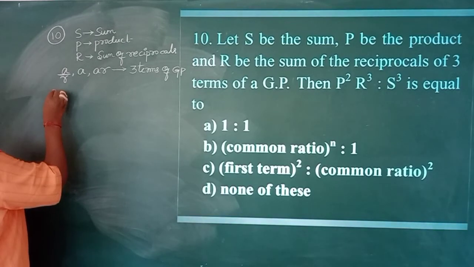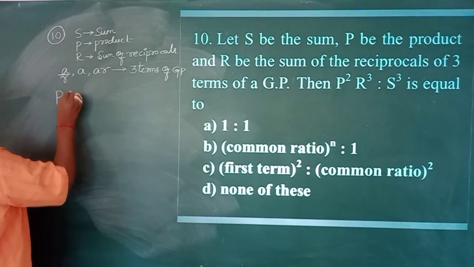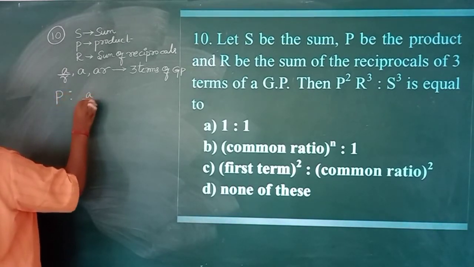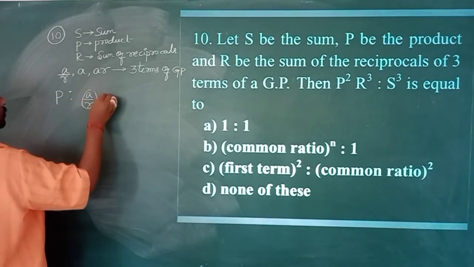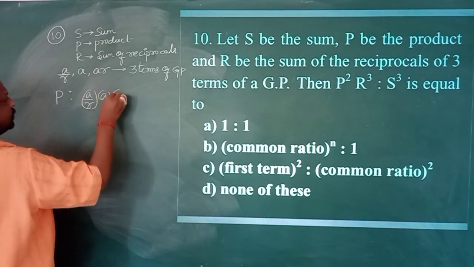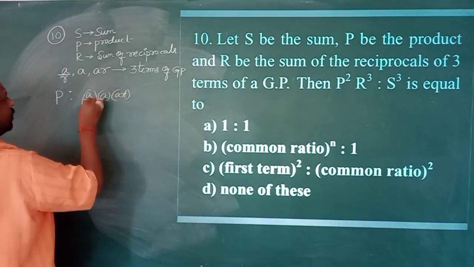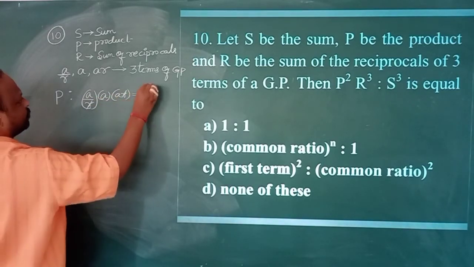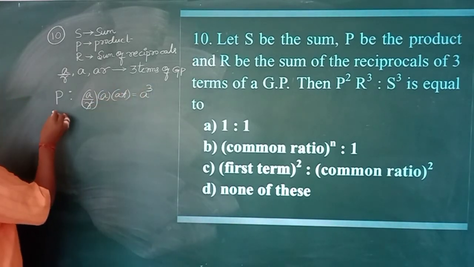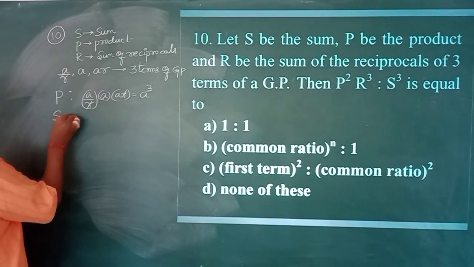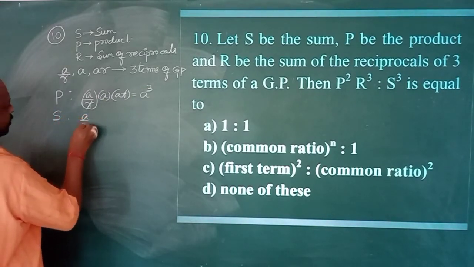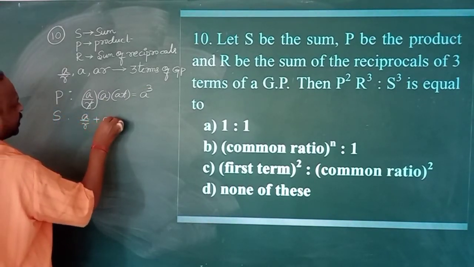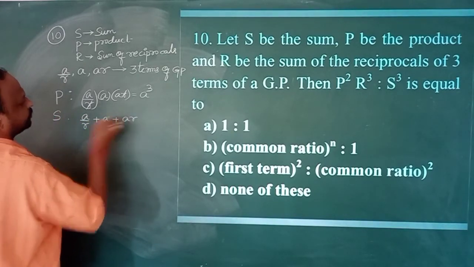Nothing but here product P is a by r times a times ar, r cancels, this will be a cube. Sum S is a by r plus a plus ar.